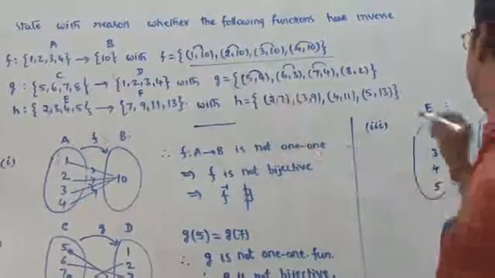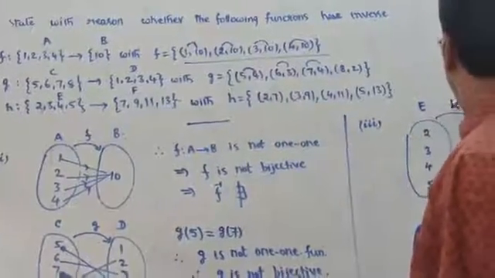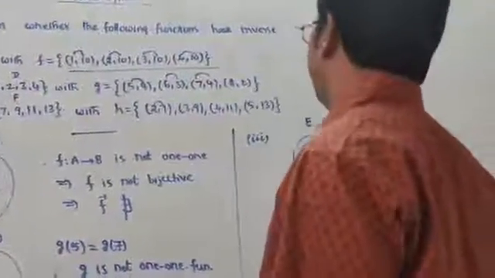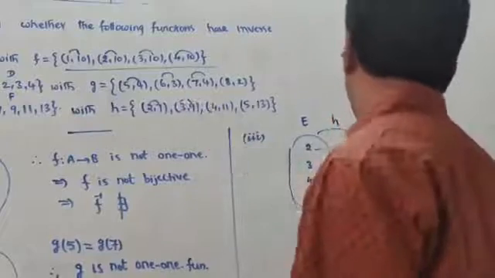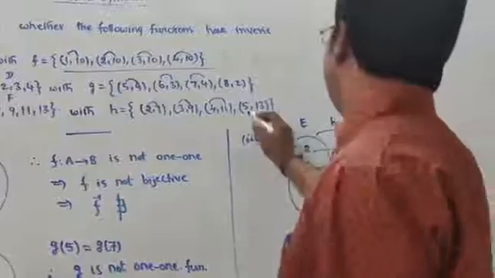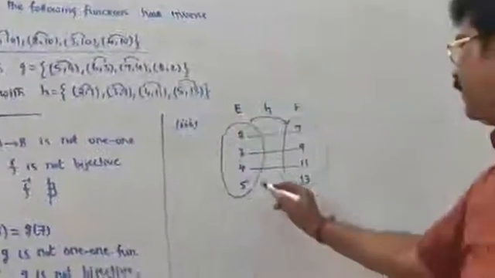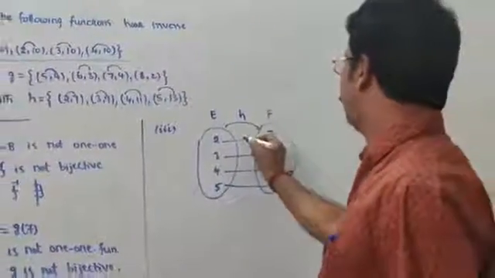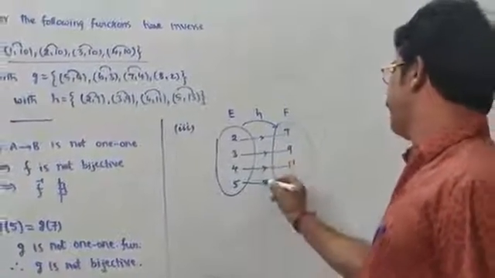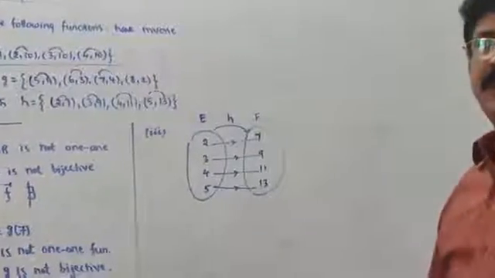The mapping from E to F is the h function: 2 is mapped with 7, 3 is mapped with 9, 4 is mapped with 11, 5 is mapped with 13.